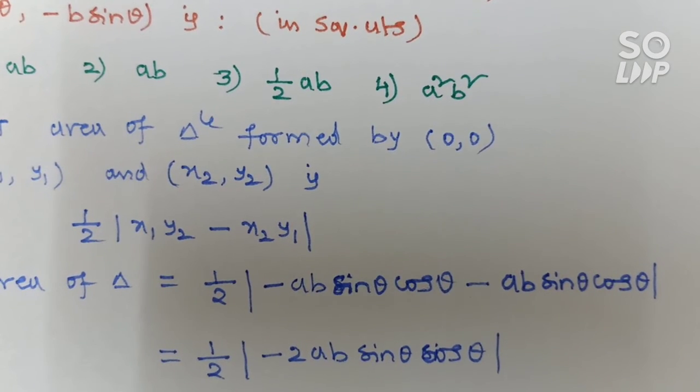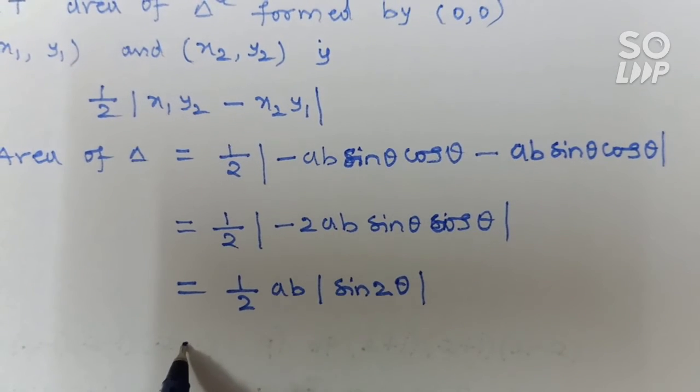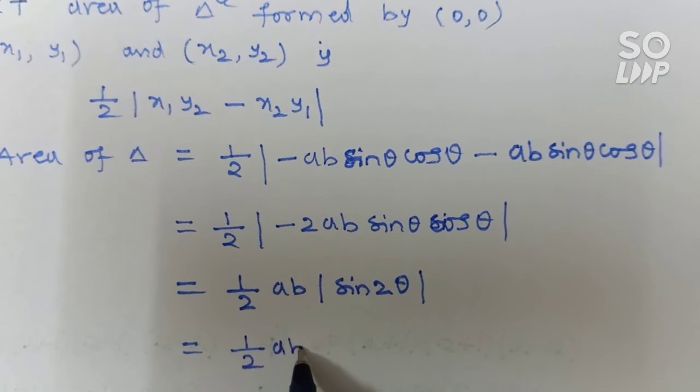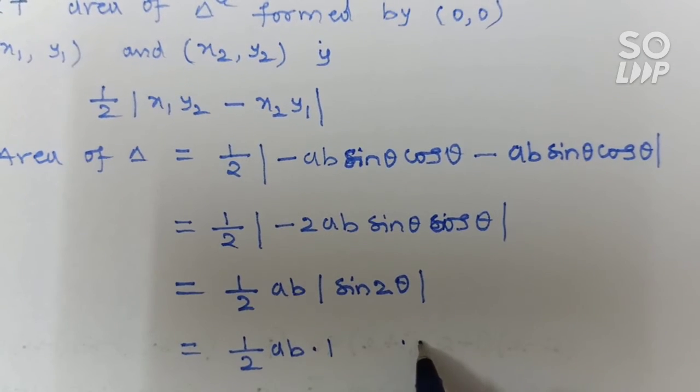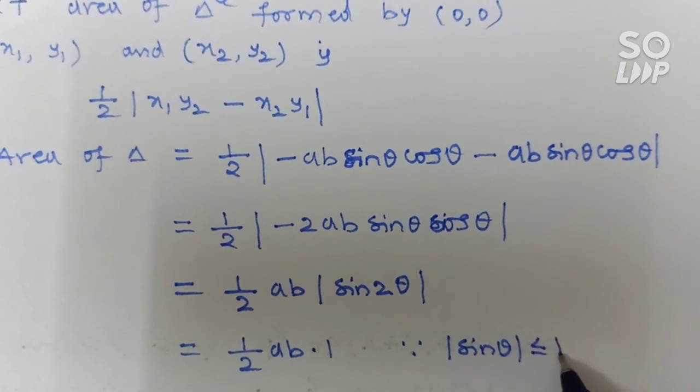What is the maximum value of this? The maximum value will be 1 by 2 into ab into 1, since we know that modulus of sin theta is less than or equal to 1.